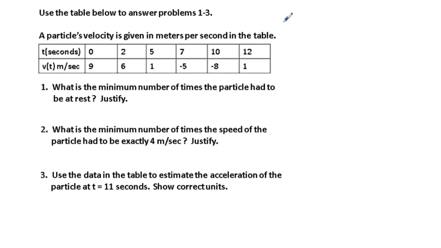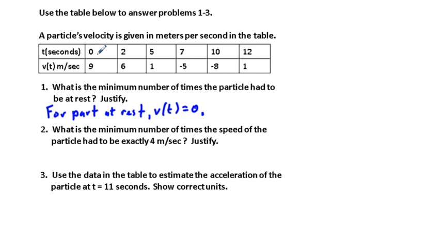Well, for a particle to be at rest, velocity has to equal 0. So v of t is equal to 0. So what we're looking for are places that the velocity has to be 0.